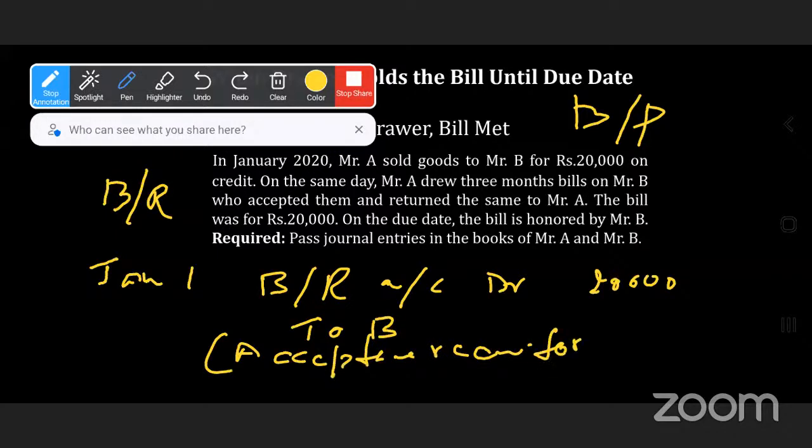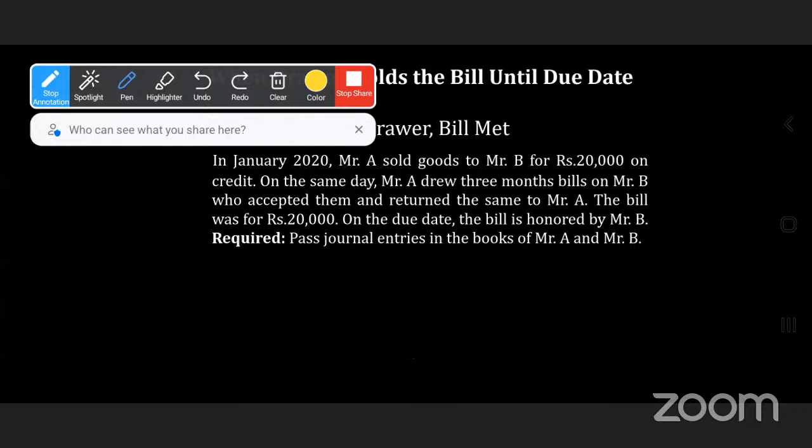How many months? 3 months. Acceptance received for 3 months. You got it? Now I'm clearing this. Then I'm going to another transaction, wherein the bill is met.